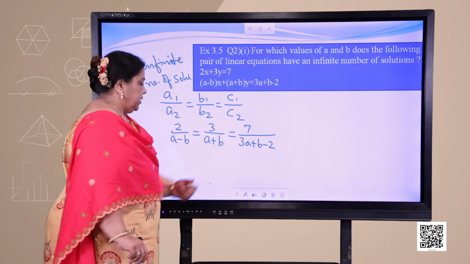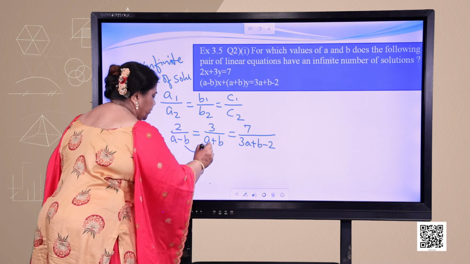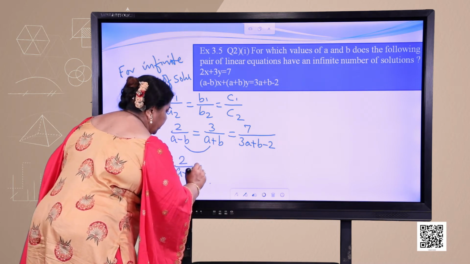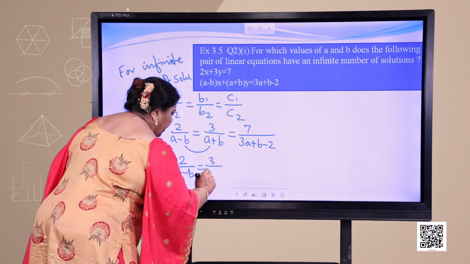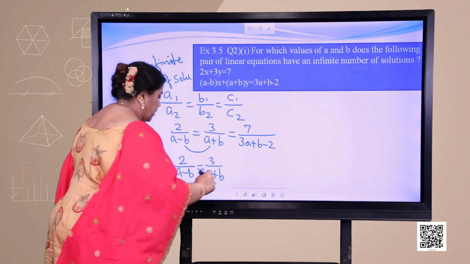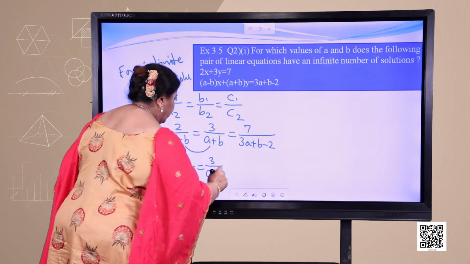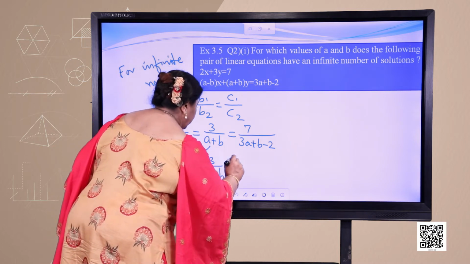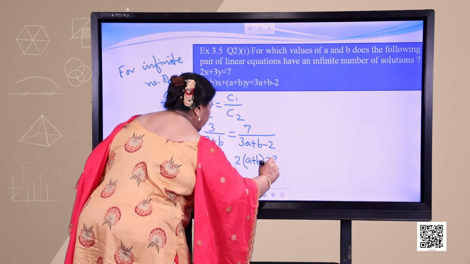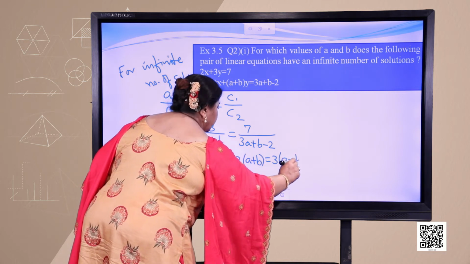As we have these three terms, we will be solving these two first. I will have 2 upon a minus b is equal to 3 upon a plus b. I will solve using cross multiplication method. So, 2 into a plus b is equal to 3 into a minus b.